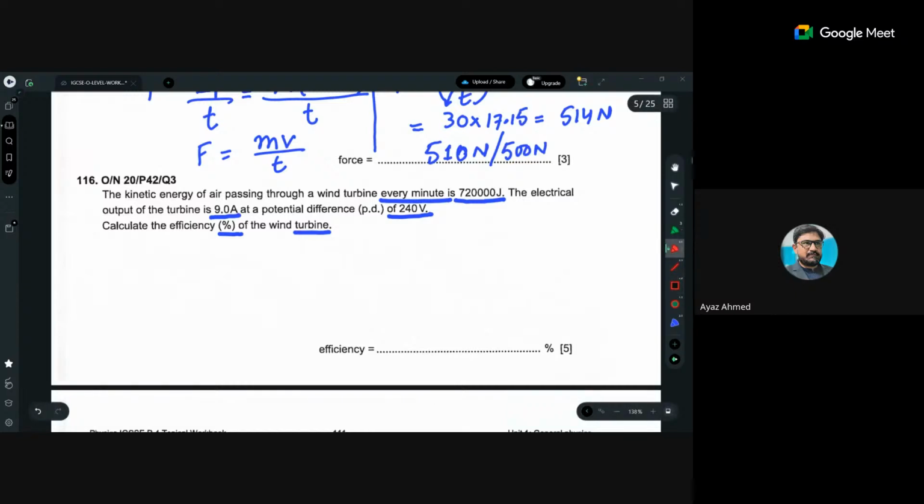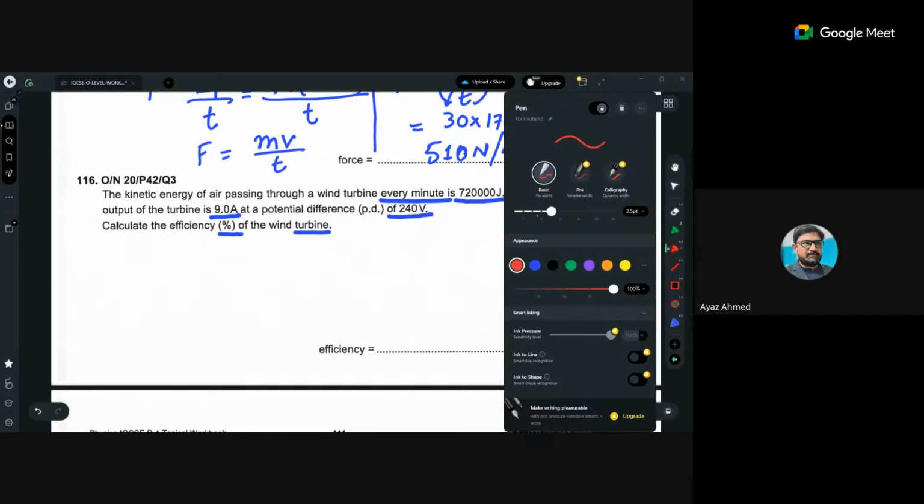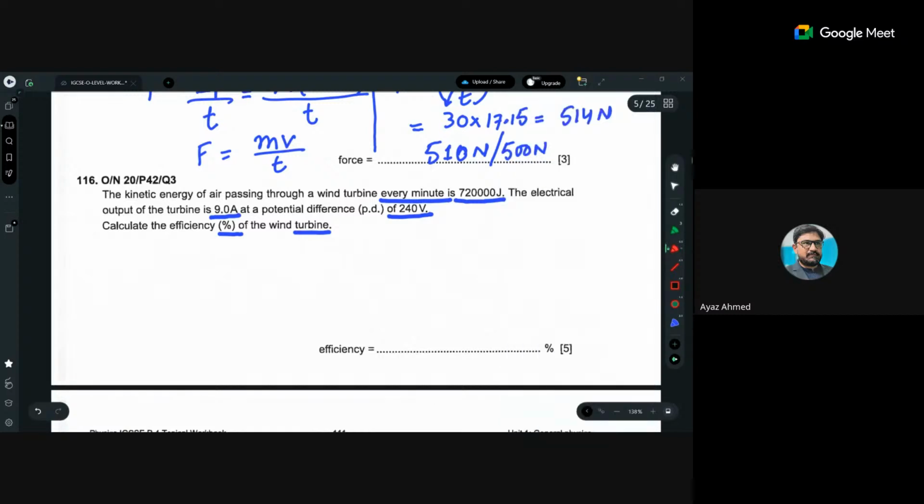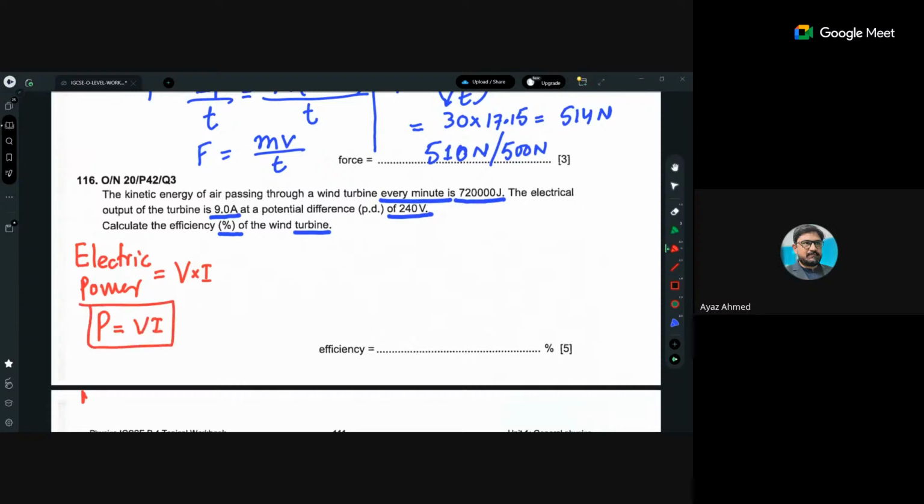But I will let you know that you have to note one thing: the electric power formula is related to voltage and current. So electric power is equal to potential difference times current, P equals VI. This is the equation you have to use here.